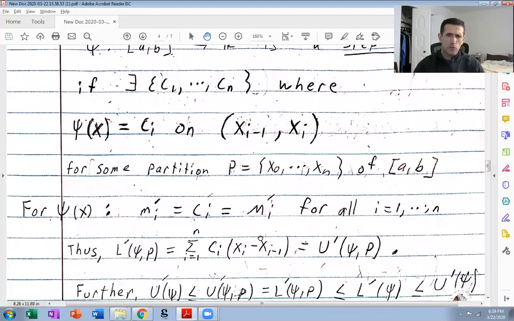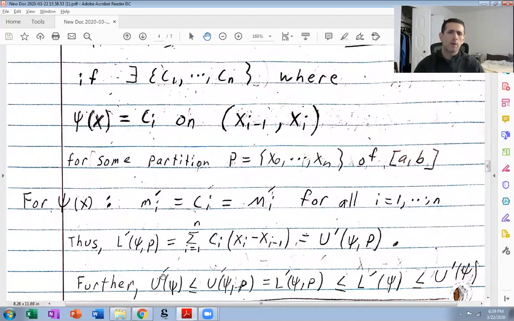Why is that true? Well, this upper modified Riemann integral is the infimum of all these upper Riemann sums, these modified upper Riemann sums. In particular, the infimum is a lower bound for this particular modified Riemann sum, corresponding to this step function and this partition associated to the step function.